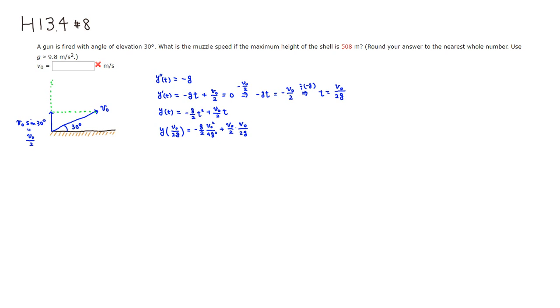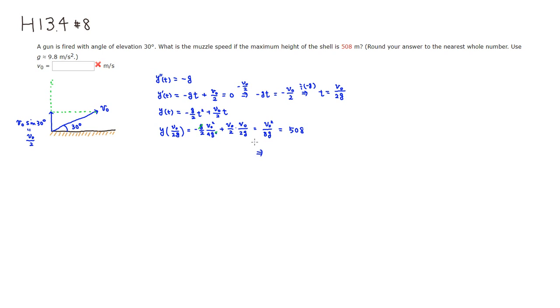We can cancel g on top and one of the g's on the bottom. So we have v0 squared over 4g minus v0 squared over 8g, which is simply v0 squared over 8g. We know that this is the highest point, so we set that equal to 508.